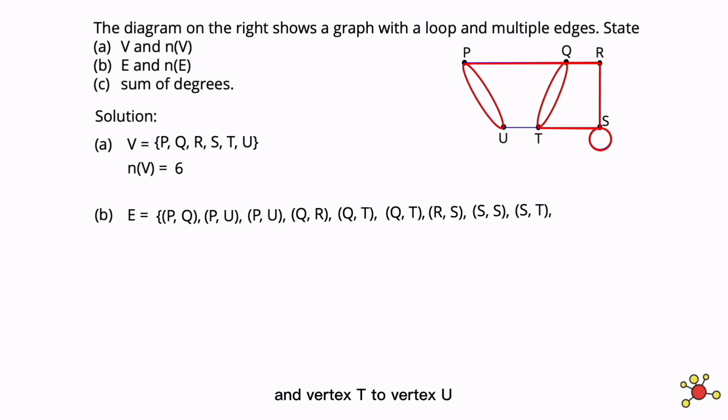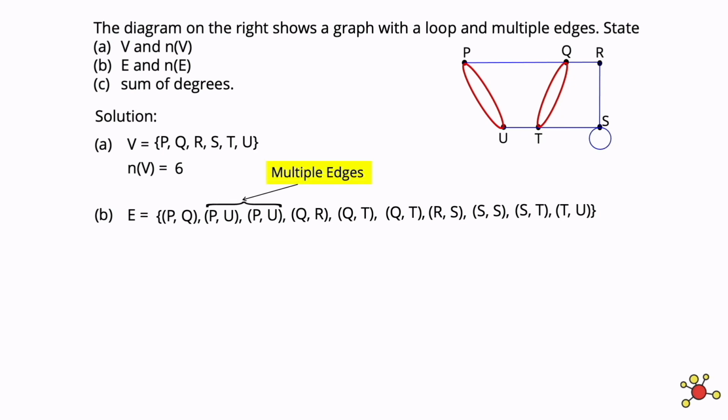And vertex T to vertex U, (T, U). These pairs of vertices are the set of E, with multiple edges between vertex P and vertex U, (P, U) and (P, U), multiple edges between vertex Q and vertex T, (Q, T) and (Q, T), and a loop at vertex S, (S, S).